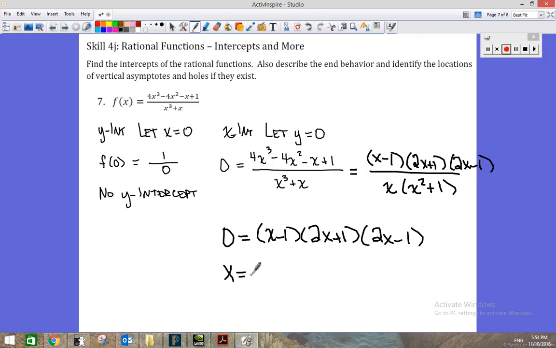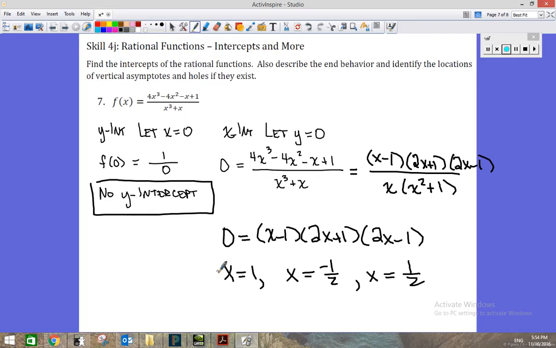X equals 1, x equals negative 1/2, and x equals positive 1/2. All I did is just set those equal to 0, subtract 1 and divide by 2, add 1, divide by 2. Half of 2 is 1, and 1 minus 1 is 0. Negative 1/2 times a positive 2 is negative 1. Negative 1 plus 1 is 0. So I had no y-intercept, and I had 3 x-intercepts.